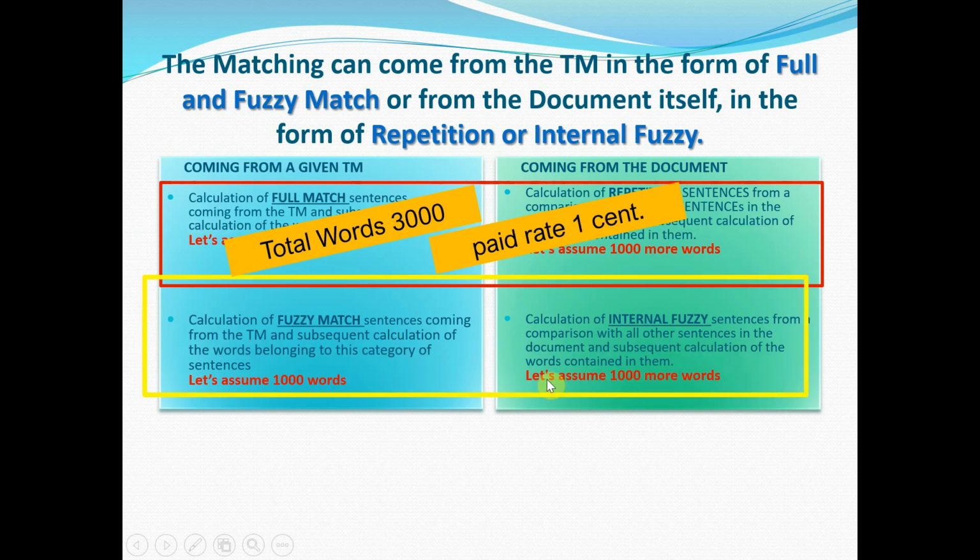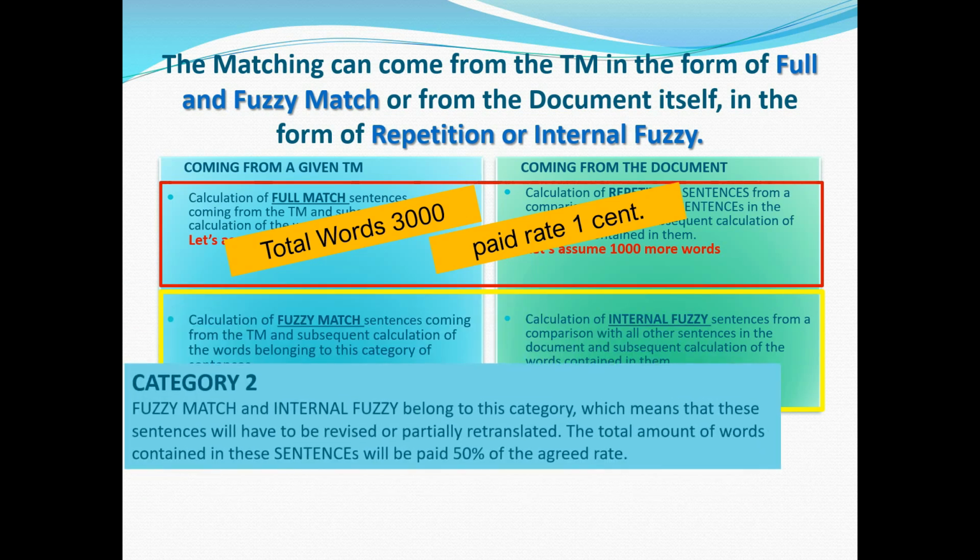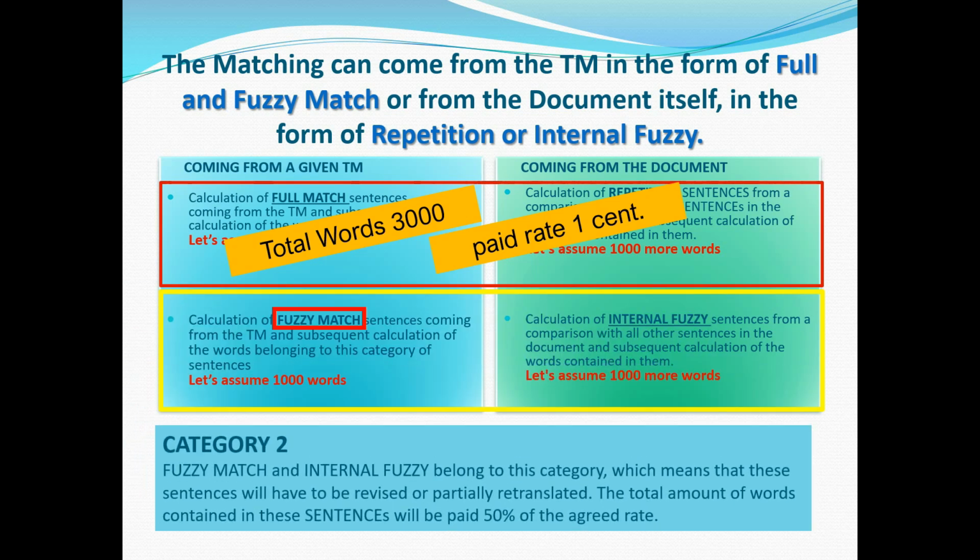Those two matchings belong to the same category. In fact, we have category 2: fuzzy match and internal fuzzy belong to this category, which means that these sentences will have to be revised or partially retranslated. Not from scratch. I just need to rewrite something, I need to modify, I need to reconcile the fuzzy match that I have received with the new translation that I'm about to translate.